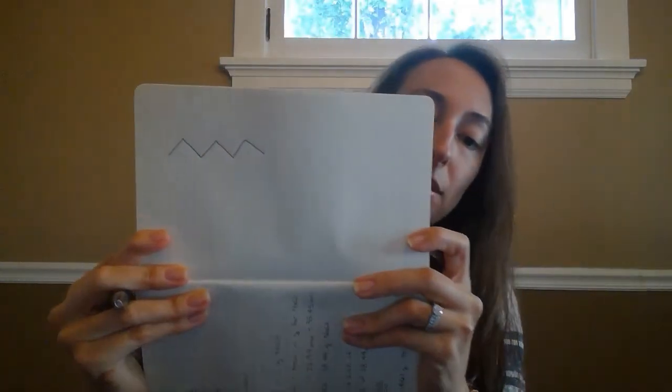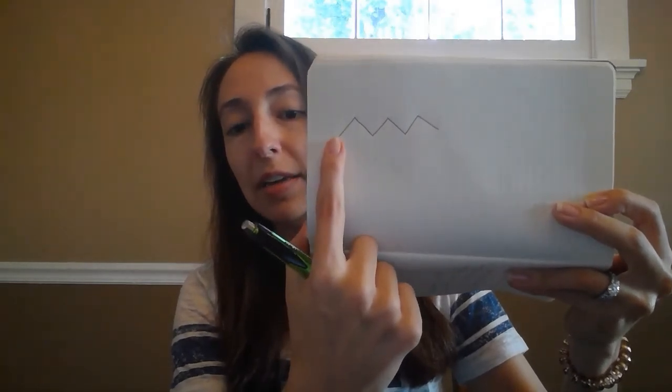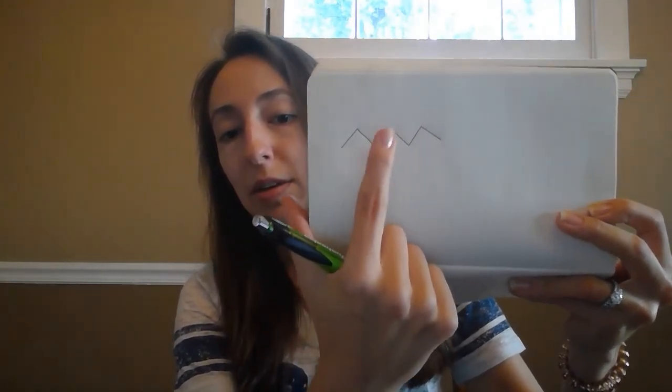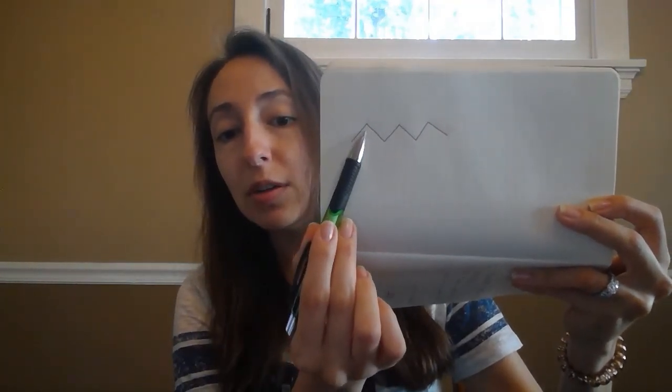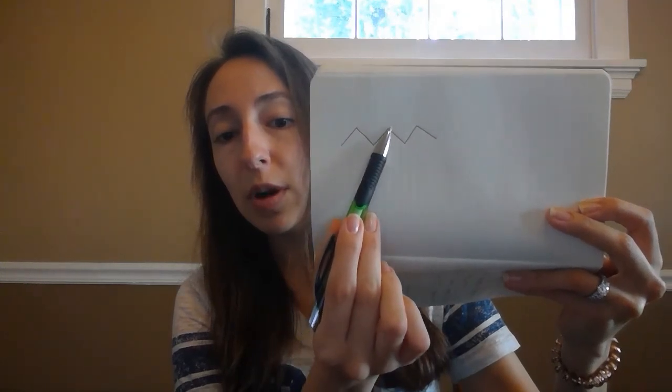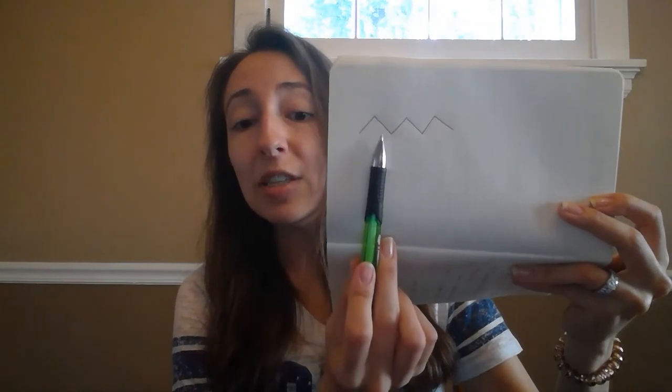So this right here is heptane, because I have 7 peaks and valleys, right? At the end of every single line, here, here, here, here, those are all carbons. So I can count, I have 1, 2, 3, 4, 5, 6, 7 carbons, and these all are single lines, meaning it's a single bonded alkane. 7 carbons is heptane, so this is heptane, okay?